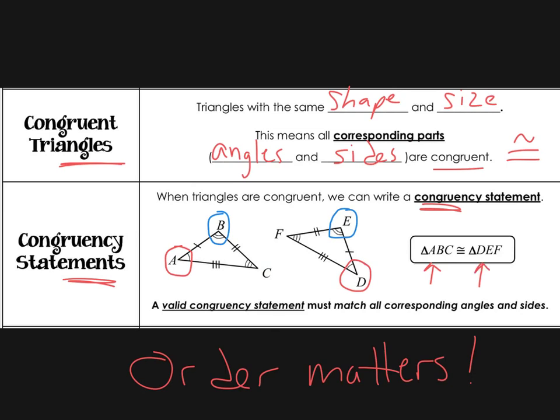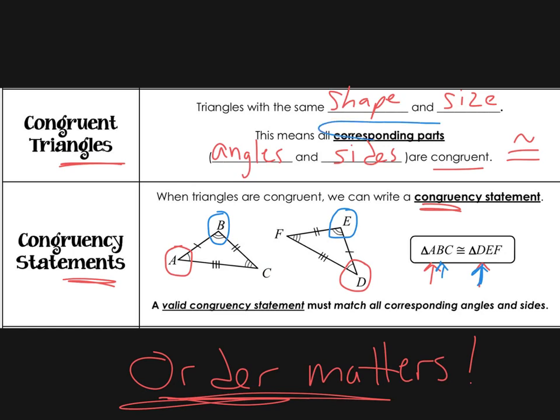Well, why? If order matters, why did we go in that order? Well, the triangle on the left, the first statement that we say, we can say it in any order we want. So we said A, then B, then C in terms of vertices. So A is my single arced angle, and over here on D, I start with D, I have to stick with the same angle that corresponds to that, right?